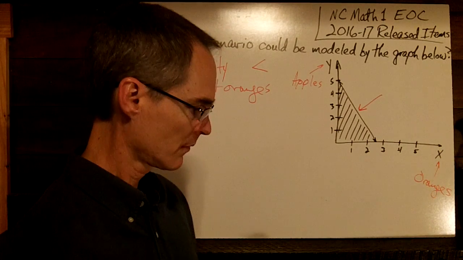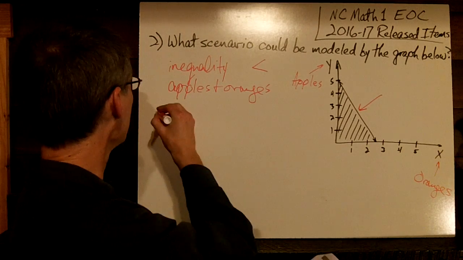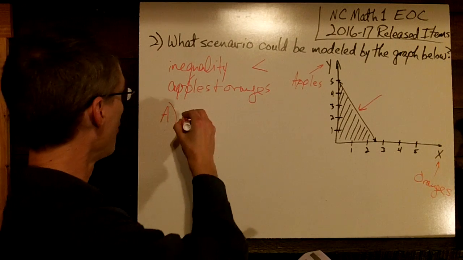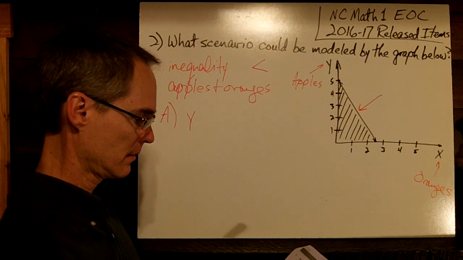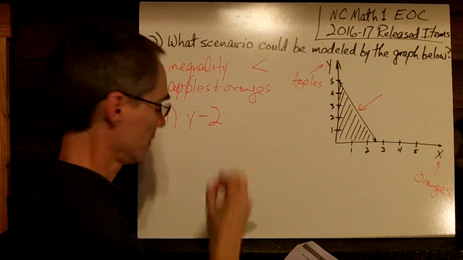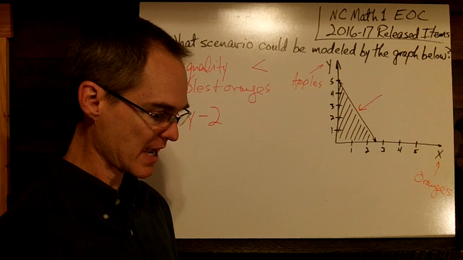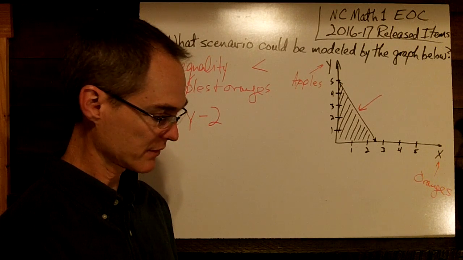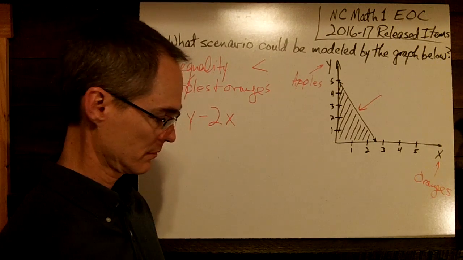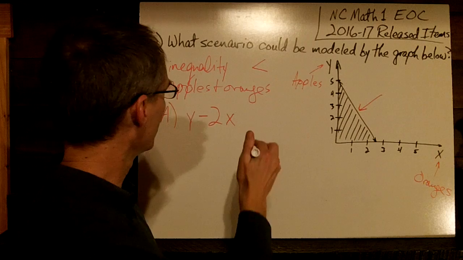All right, so I'm going to start with my answer choices. A says the number of pounds of apples, y, minus 2 times the number of pounds of oranges, x, is at most 5. This isn't looking too hard: y minus 2x.